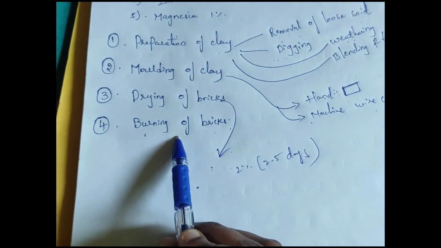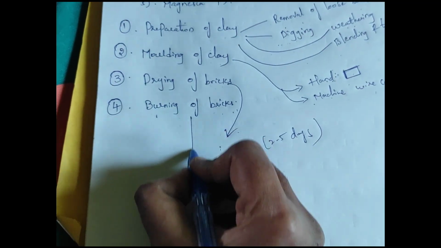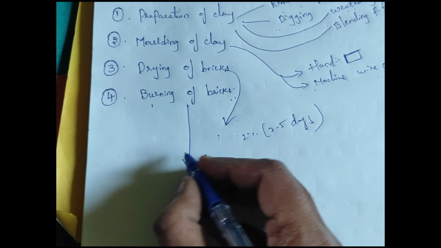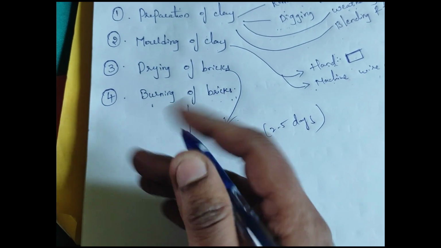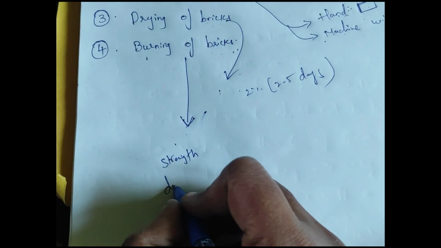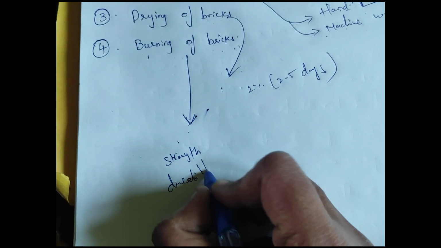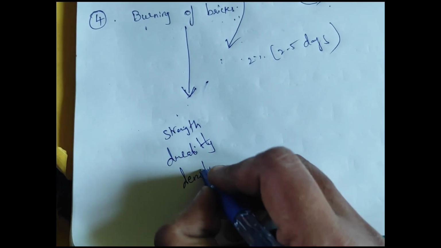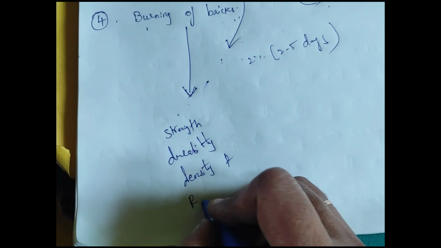The next one is burning of the bricks. Bricks are burned at high temperature to gain strength, durability, density and a red color appearance.